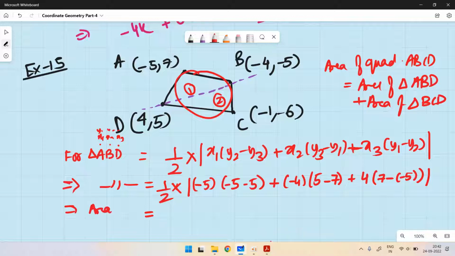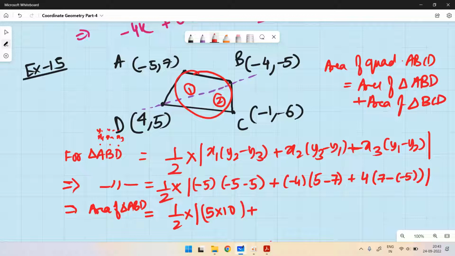So area of triangle ABD is equal to half. This is minus 5 into minus 10, minus into minus is positive, so this is 50. Plus 5 minus 7 is minus 2, and minus 2 into 4 is 8.